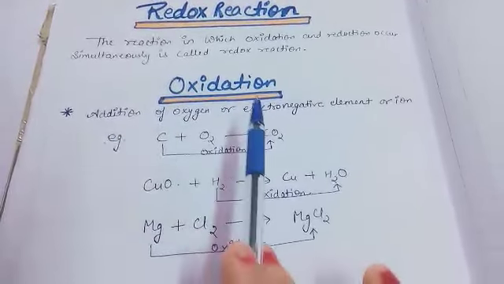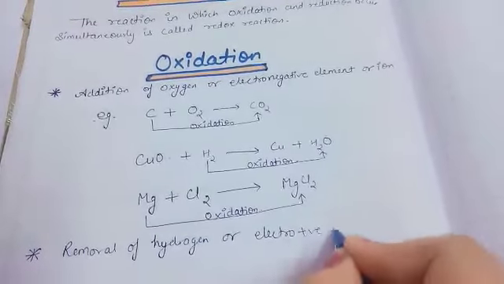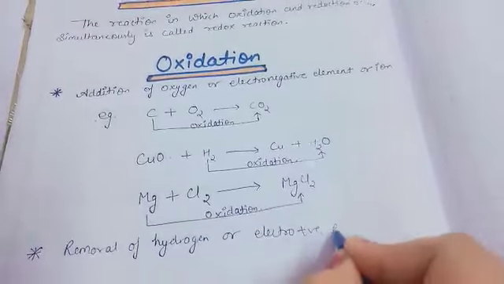Now in case there is no addition of oxygen or electronegative element, maybe there is removal of hydrogen. That's another definition of oxidation: removal of hydrogen or electropositive element or ion. Electropositive element or ion means those that have a tendency to lose one or more electrons, for example sodium, potassium.